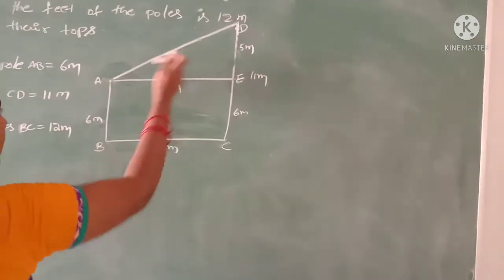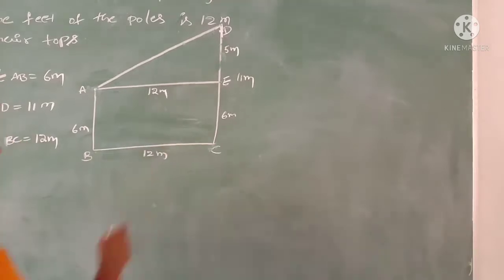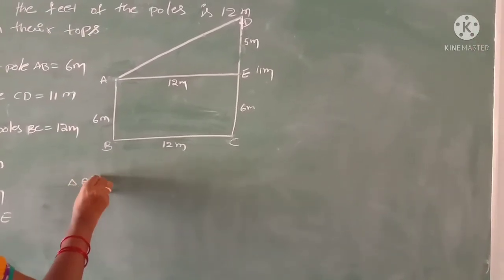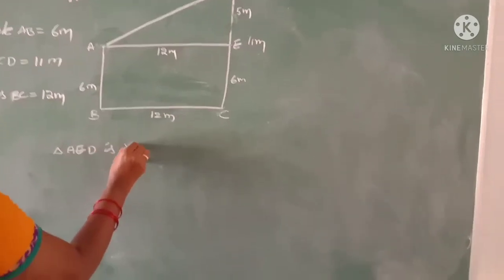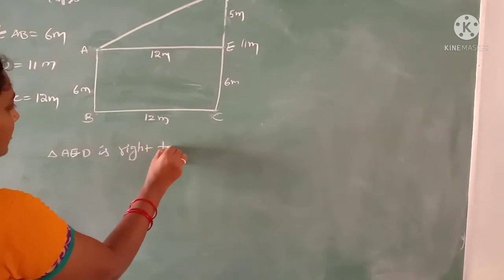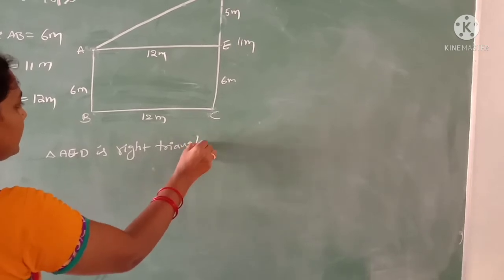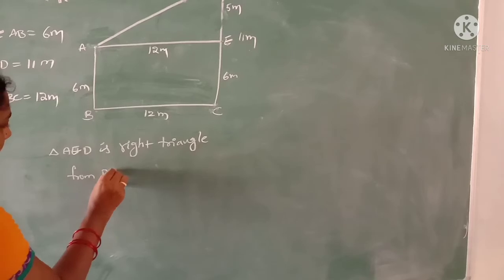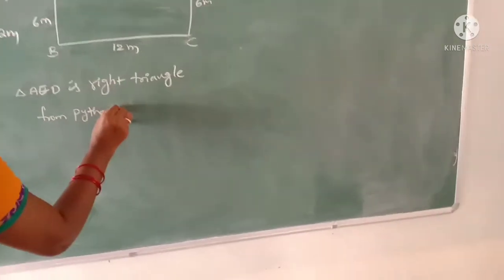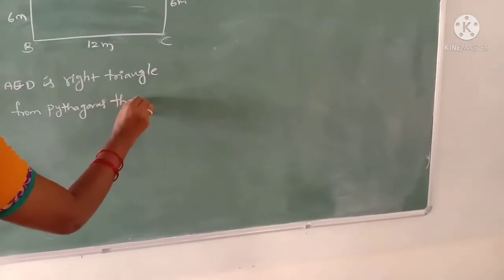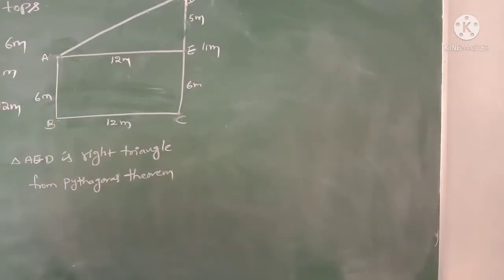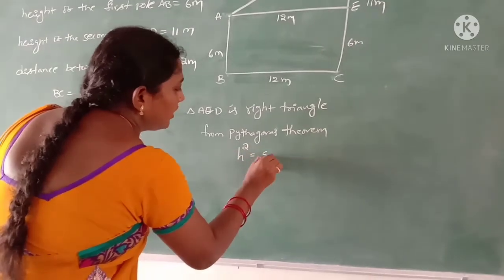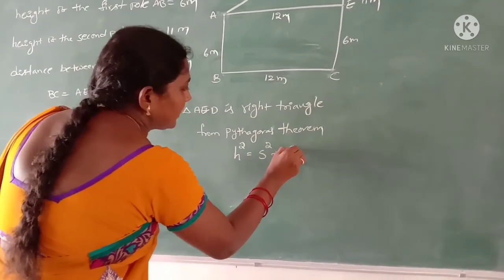Next, triangle AED is a right triangle. So from Pythagoras theorem, we know hypotenuse square equal to side square plus side square.